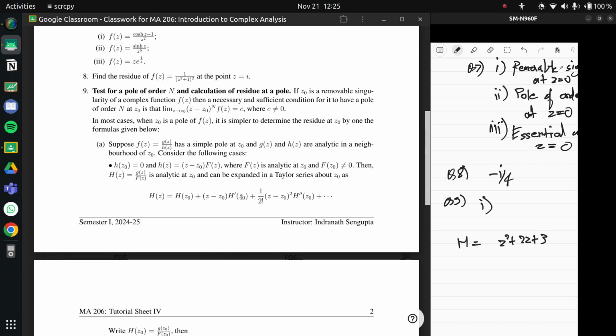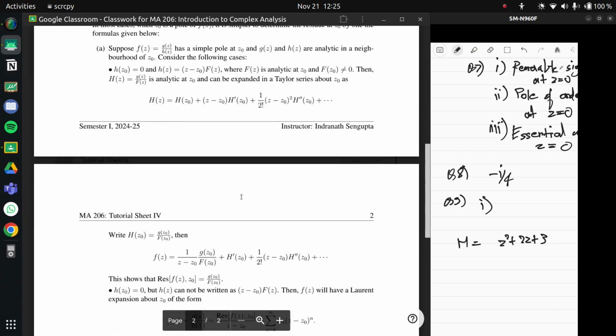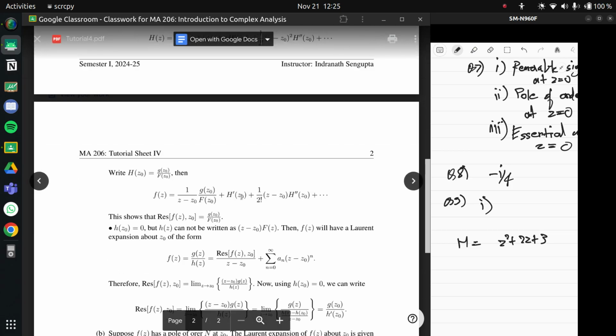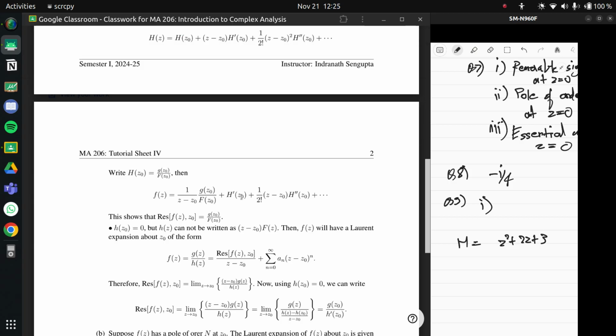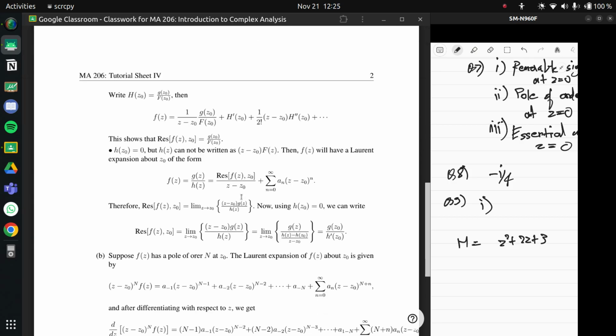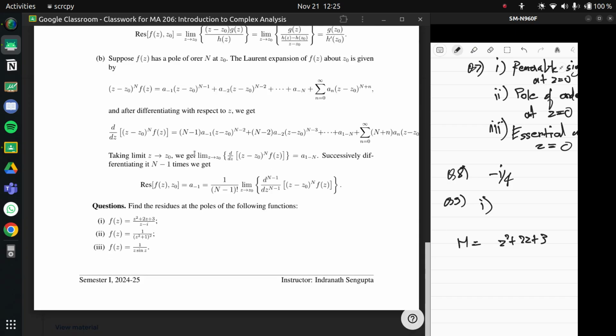It happens to be 1 in fact. Then you're expanding it like that, so in that case your residue is just h at z naught. So h of z naught is equal to the residue, which is, just putting iota over there, minus 1 plus 2 iota plus 3, so just 2 plus 2 iota.